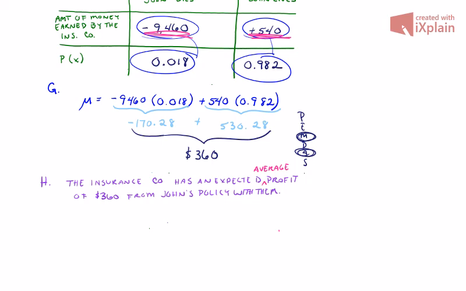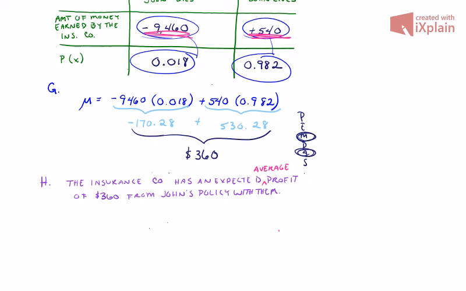And this actually will inform the insurance company. So if they calculated the expected value and they found that the average was negative, meaning that they would have a loss, they might decide to either increase the cost of the policy, or maybe they wouldn't offer the policy at all for 70-year-old men if that probability of them dying within a year was higher than 0.018.